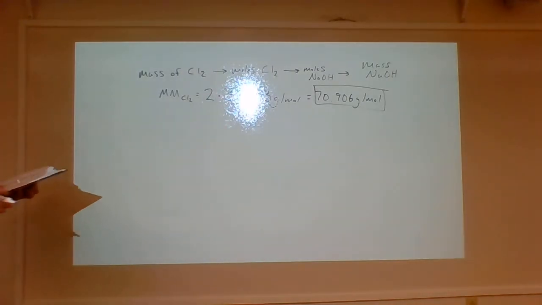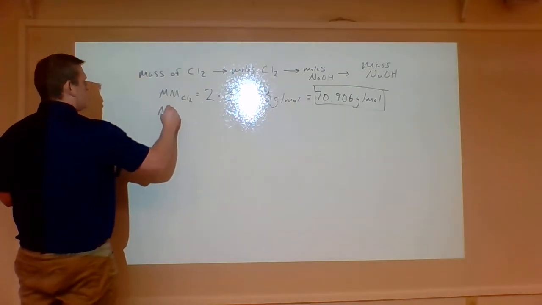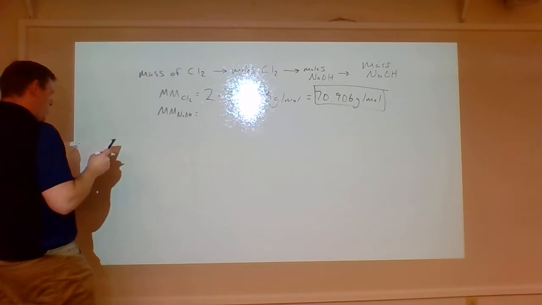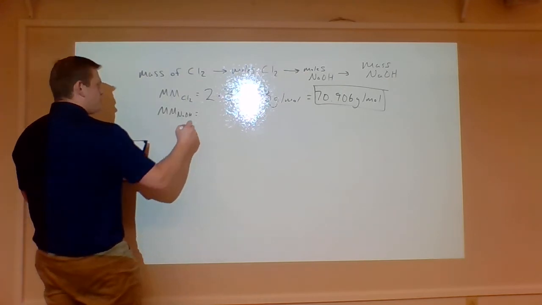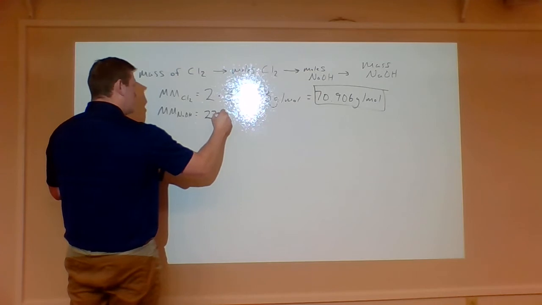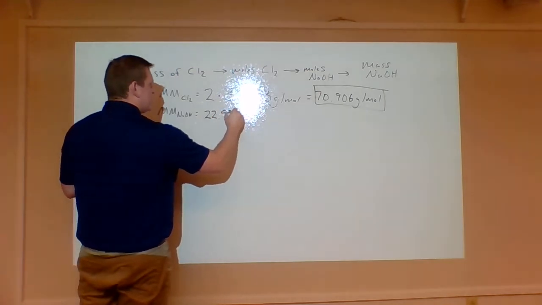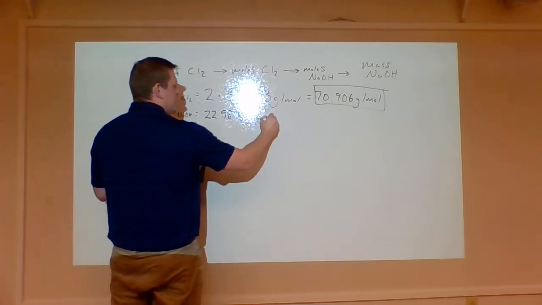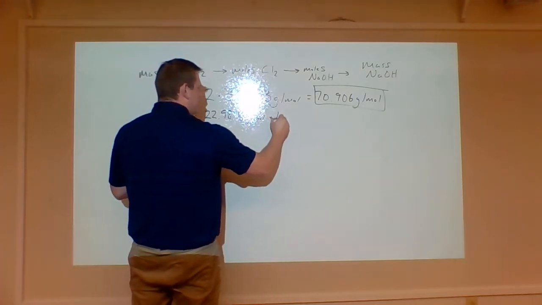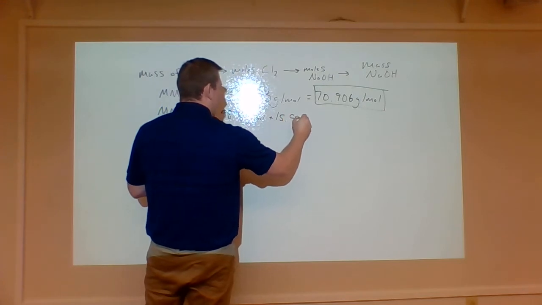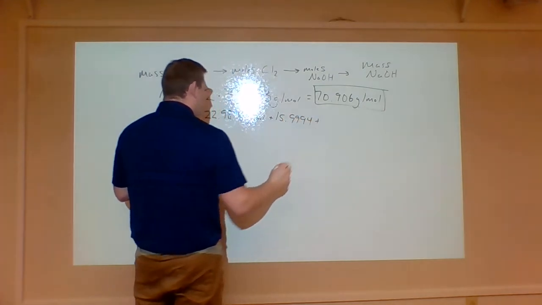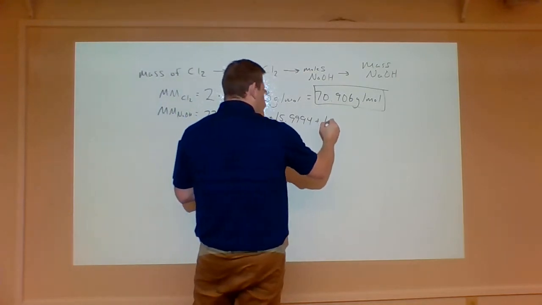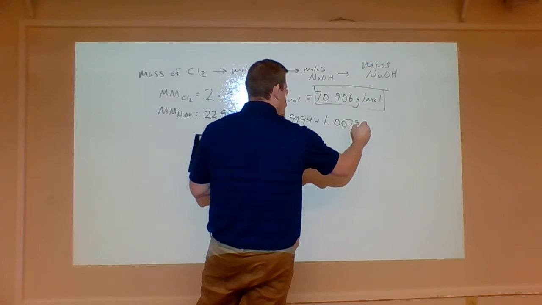Now if we take a look at the molar mass for NaOH, that's going to be equal to our molar mass of sodium, 22.9898 grams per mole, plus the molar mass for oxygen, which is 15.9994, plus the molar mass for hydrogen, which is 1.0079.